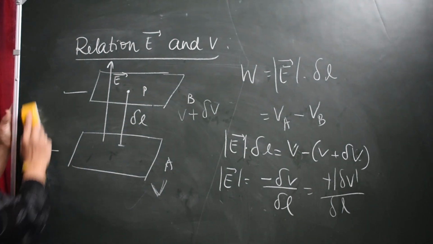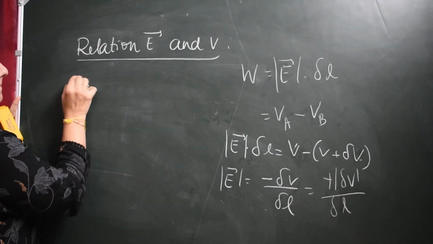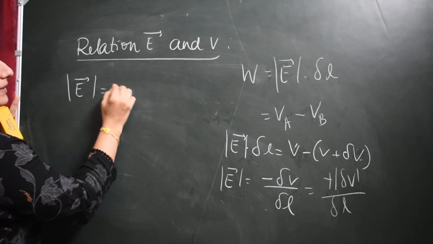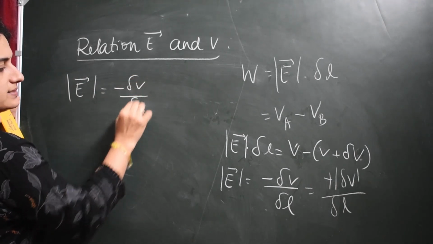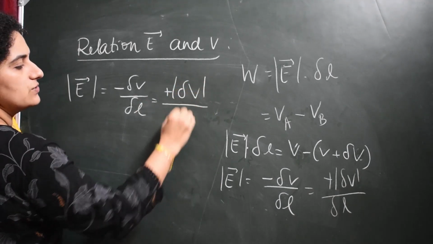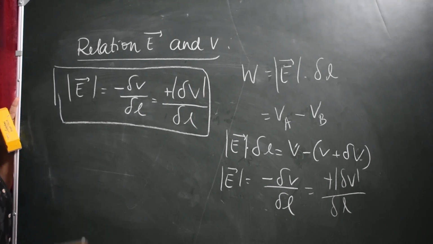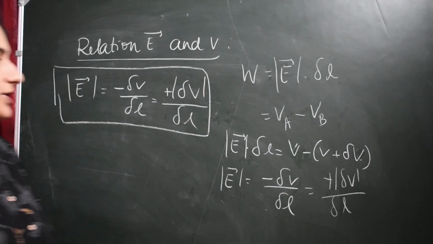So I can write E will be equal to either minus delta V by delta L or magnitude of delta V divided by delta L. This is the relation between electric field and the potential.